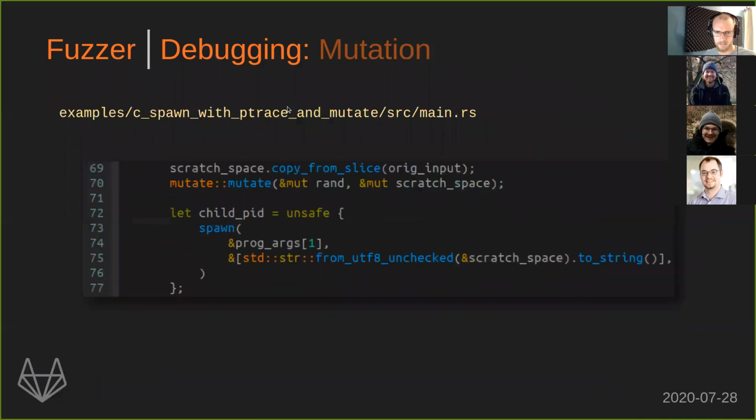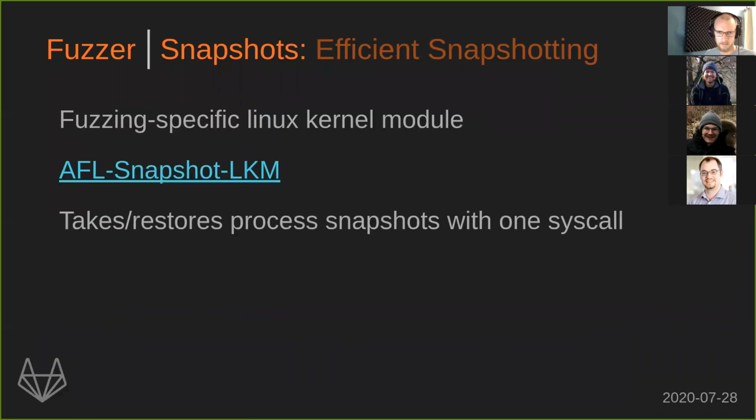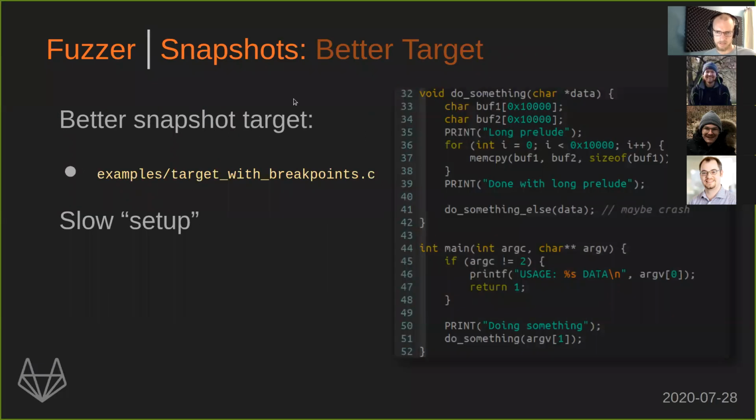And I'm realizing I did not put the screenshot that I wanted to show in there. All right, so let's go back to here. So we've changed the target process to have a slow section with the interesting bit coming after the slow section. And the data that is being provided to the program just comes from a command line argument.